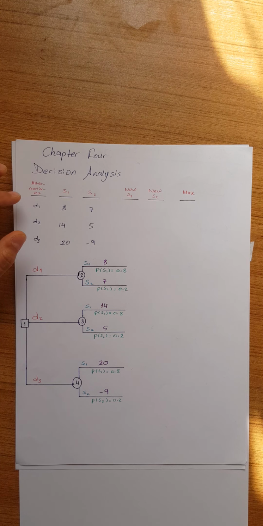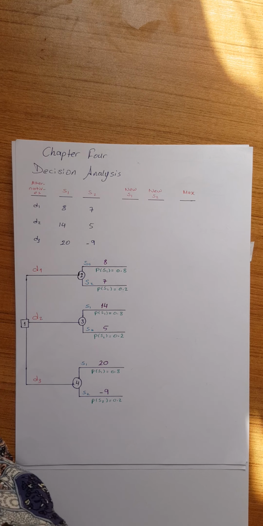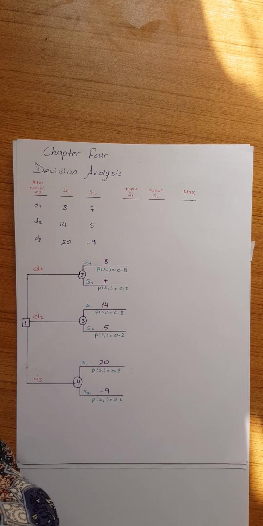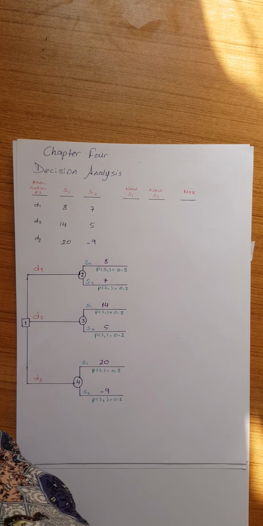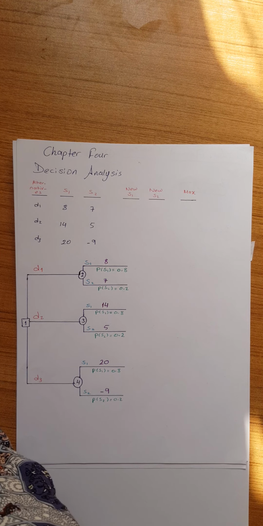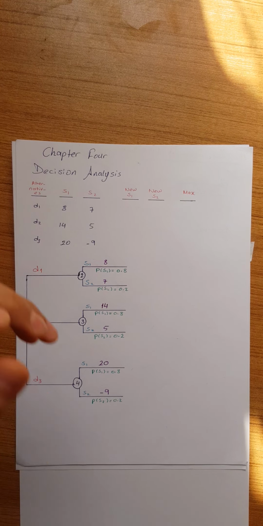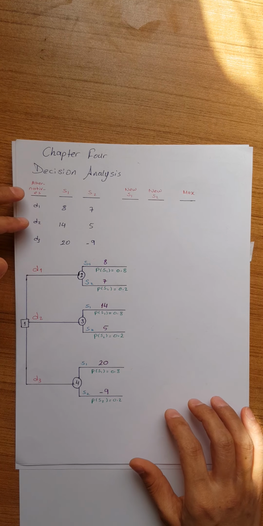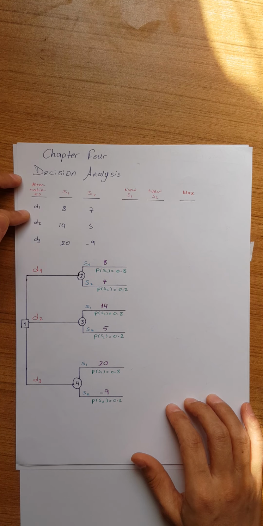For making a decision without probability, we had a problem. The problem was that Pittsburgh Development Corporation, a company, is buying a piece of land, and they want to build a luxury condominium complex. We have talked about this word problem. We said they want to build three different complexes.